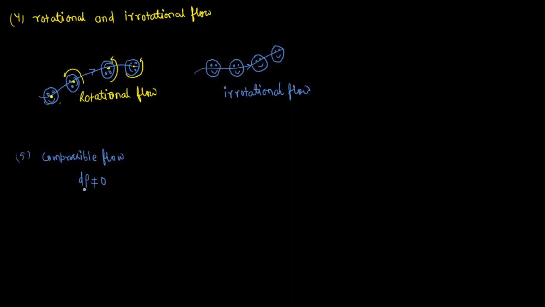Similarly, when we are saying the flow is incompressible, the density of the flow is not going to change. In that case the density of the flow remains constant. So through this we can define the flow as compressible or incompressible.